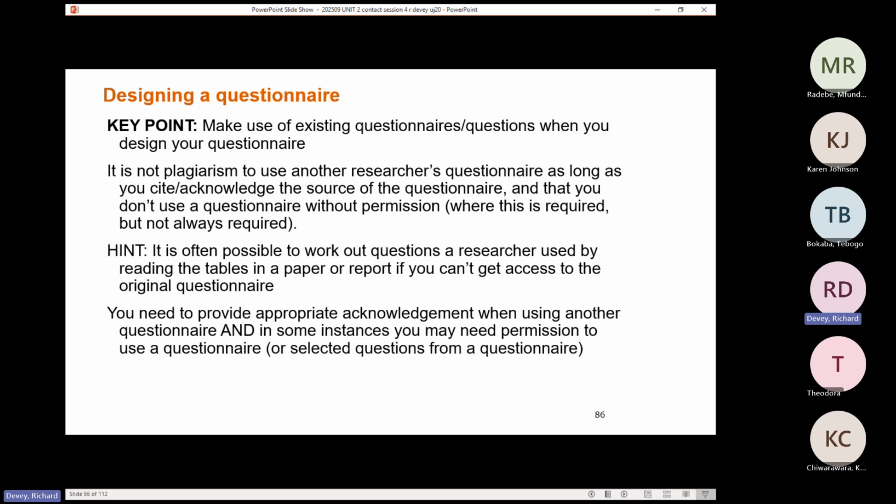So even if you can't get access to the original questionnaire, you can still probably work out what questions were asked from the description, the methodology, and the tables provided in the paper. And the key thing is to provide acknowledgement. And if you're making changes to the questionnaire, you need to just describe what changes you've made, so that the readers are aware that you've made changes.